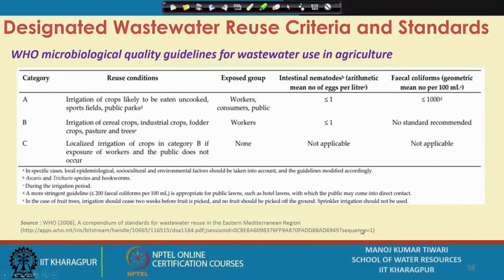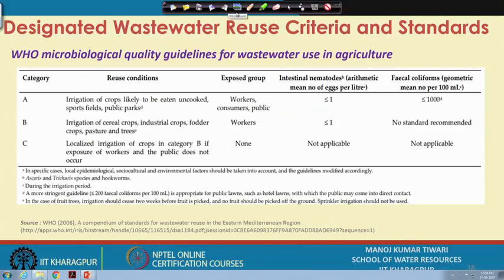WHO has other similar guidelines for other purposes as well. There are microbial quality guidelines for wastewater reuse in agriculture, with 3 categories specified by the WHO. Category A: the reuse condition is irrigation of crops likely to be eaten uncooked, like sports fields, public parks, those places.